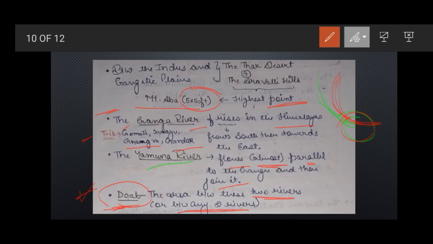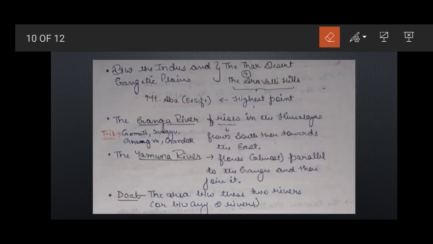This means that the region present between these two rivers, here, is considered a Doab. Or we can consider the area between the Tungabhadra river and the Krishna river as the Krishna-Tungabhadra Doab. Okay, now let's move further.